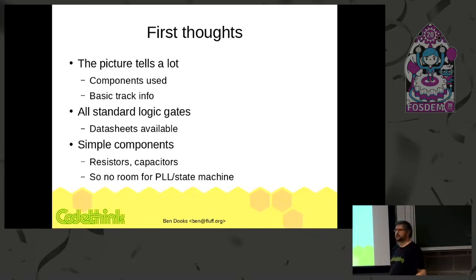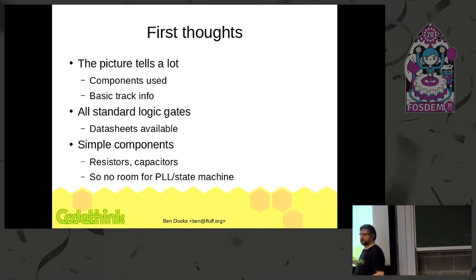The best you'd find is programmable logic arrays that were fairly simple. You're talking AND and OR gates, probably 14 cells. And there's definitely no PLL in this, because if you're doing a state machine on a modern FPGA, you often would require a PLL to get your 8 or 16 times clock. And there's definitely no room for that.